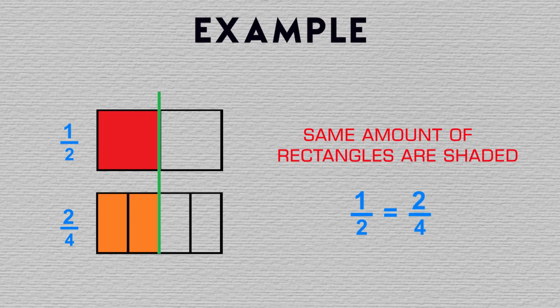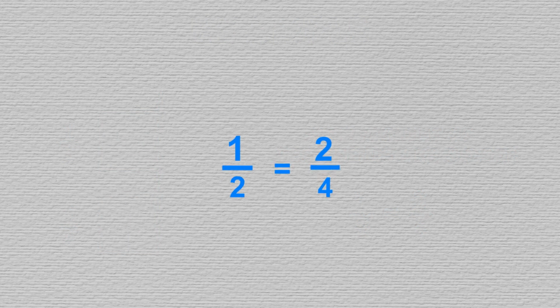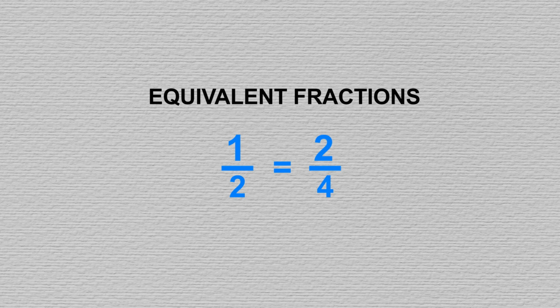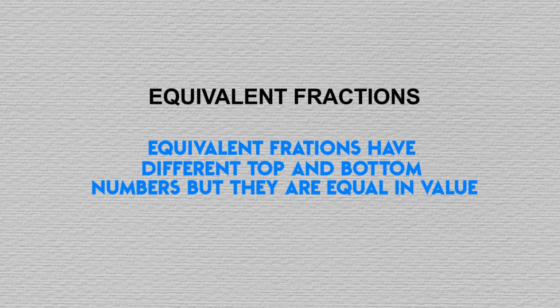It might seem strange, but two fractions can have totally different numbers and still represent the same amount. Yes, they can. Fractions like that are called equivalent fractions. Equivalent fractions are fractions which have different top and bottom numbers, but they are equal in value.